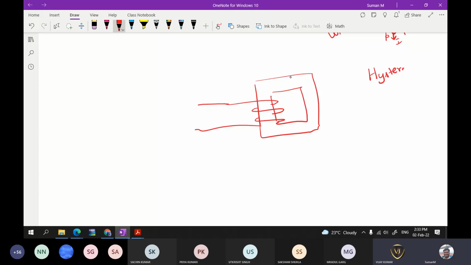In the hysteresis loop, what is happening is, if you are increasing the flux intensity, then initially the magnetic field will be increasing. Then after some time it will get saturated. So if you are increasing the flux intensity, then the flux density will also increase.